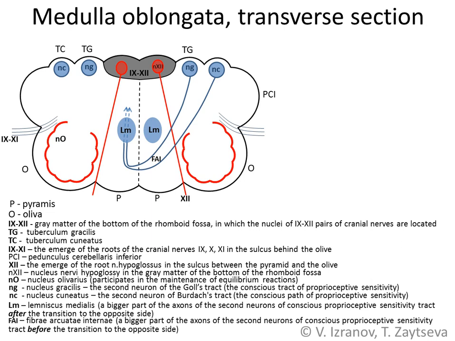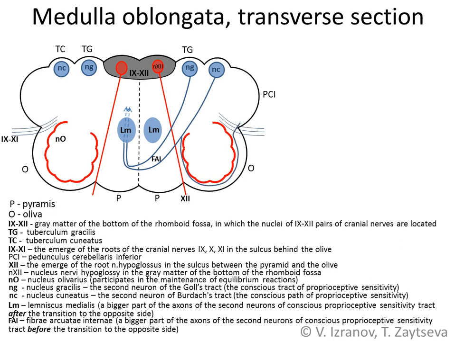So what is it, FAI? Fibre arcuate interne. A larger part of axons of second neurons of the conscious proprioceptive sensitivity tract before the transition to the opposite side.